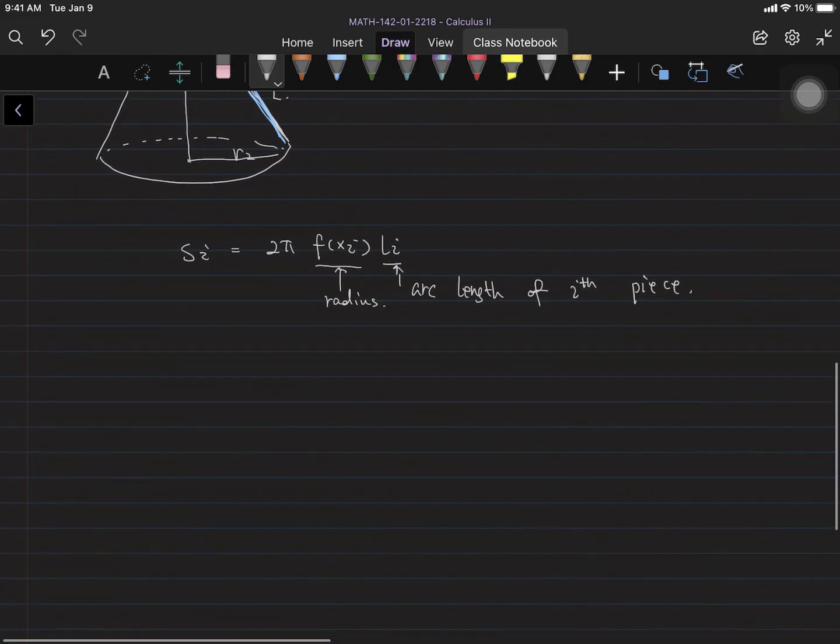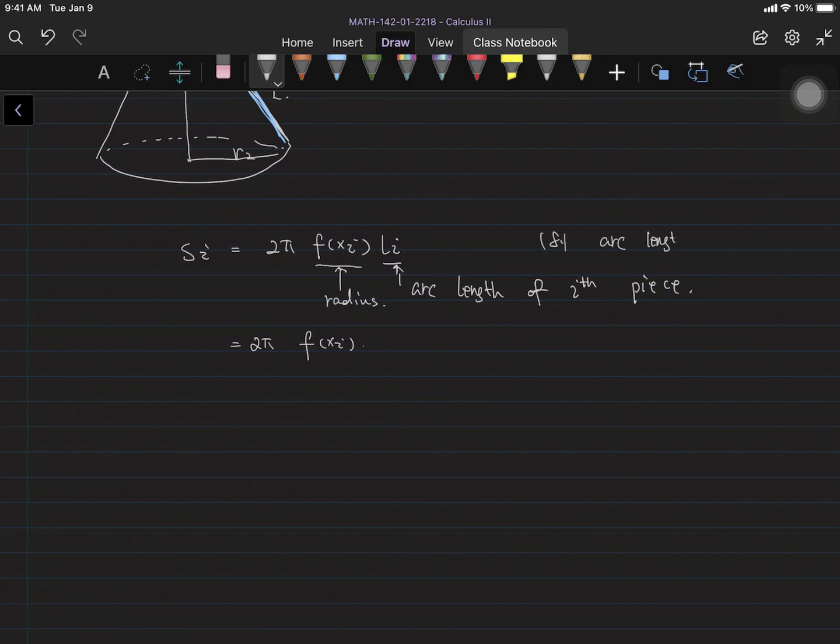Let's go further and change the arc length into the formula we learned in 8.1. 8.1 is the arc length section, right? Do you still remember the formula for the arc length? Square root of 1 plus the derivative of the function squared. Yes, right? So this is the arc length.